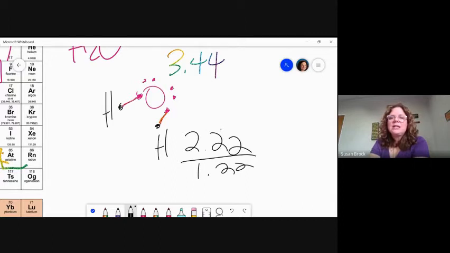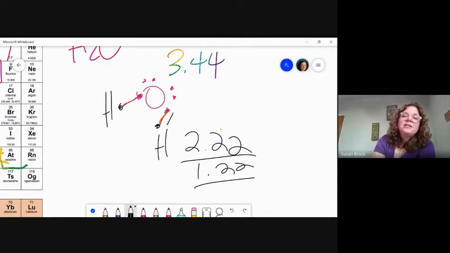And since we get that kind of high number, this goes back to the polarity thing. What that means is oxygen can pull this electron from hydrogen closer to it. So these bonds actually shrink because the oxygen can pull so much harder than the hydrogen.